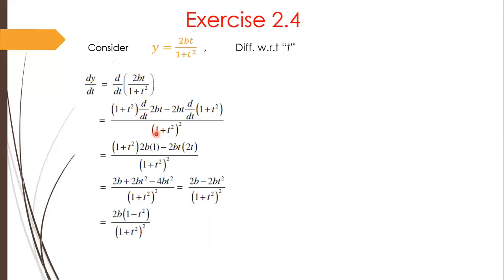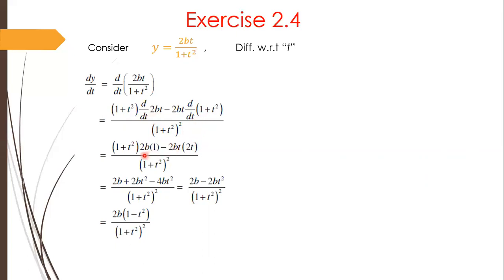Here also we will use the quotient rule: (1 plus t square) as it is, times the derivative of 2bt, minus 2bt as it is, times the derivative of (1 plus t square). In the derivative of 2bt, 2b is a constant and the derivative of t with respect to t is 1. Minus 2bt times the derivative of (1 plus t square): the derivative of 1 is 0 and the derivative of t square with respect to t is 2t by the power rule.